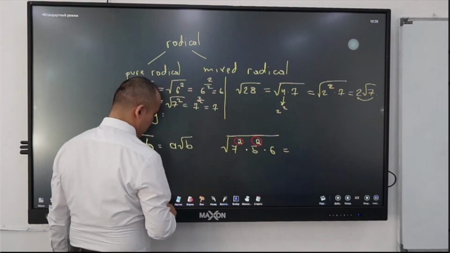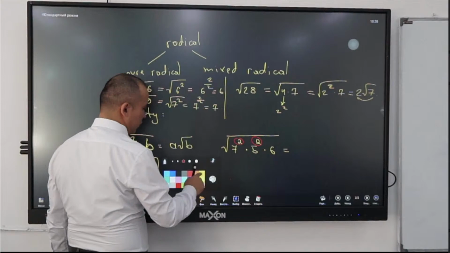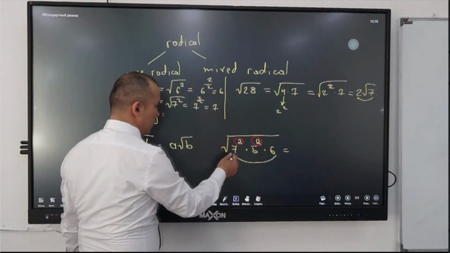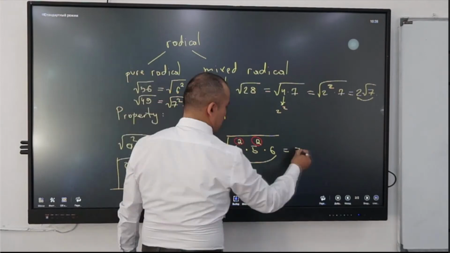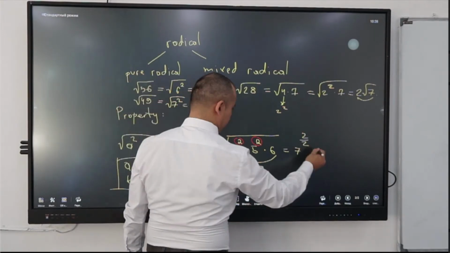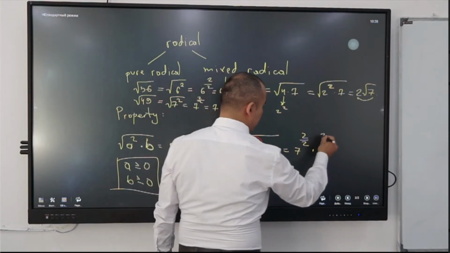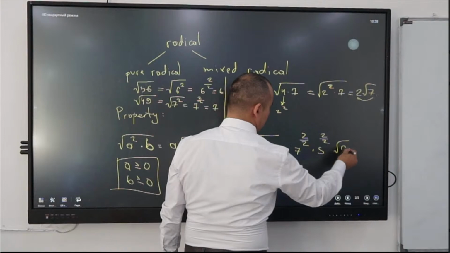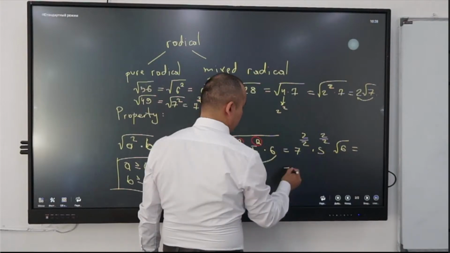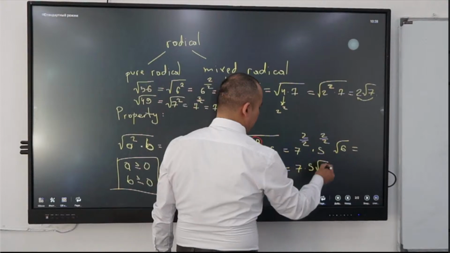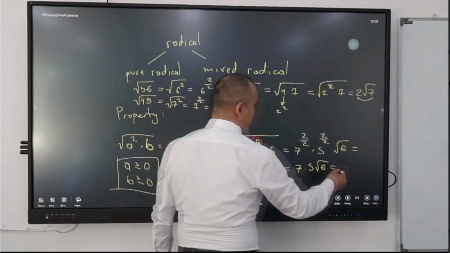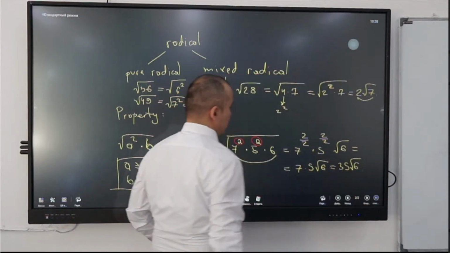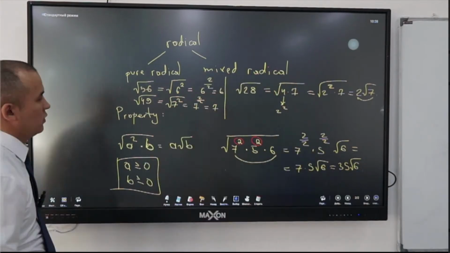Then when we convert this multiplication under the root into mixed root, 7 will be written like 2 over 2 times 5, 2 over 2, and root 6. 7 times 5 root 6 is equal to 35 root 6.